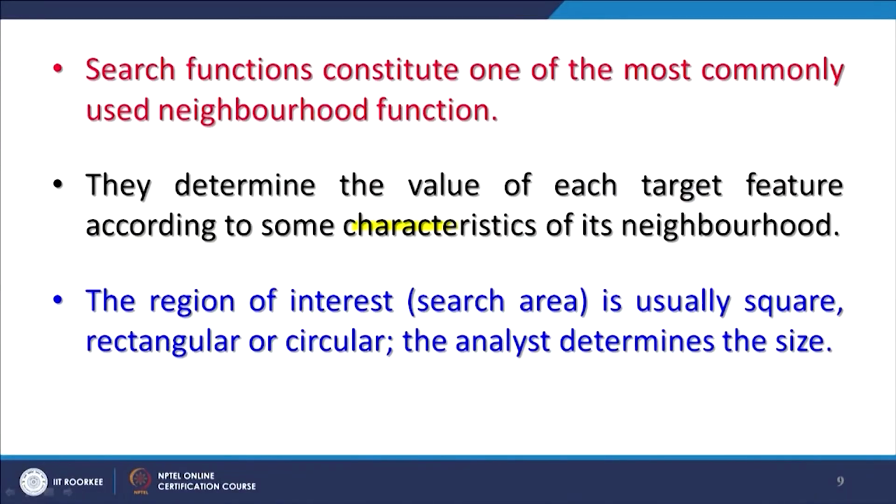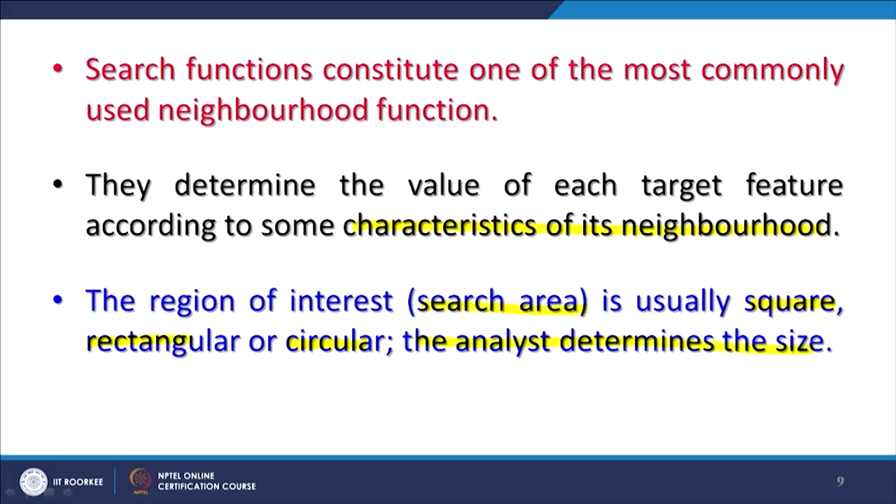Through this you determine each target feature according to some characteristics of its neighborhood, and also the search area depending on the area of interest or region of interest. Usually that may be square in shape, rectangular, circular, or analysts determine the size.